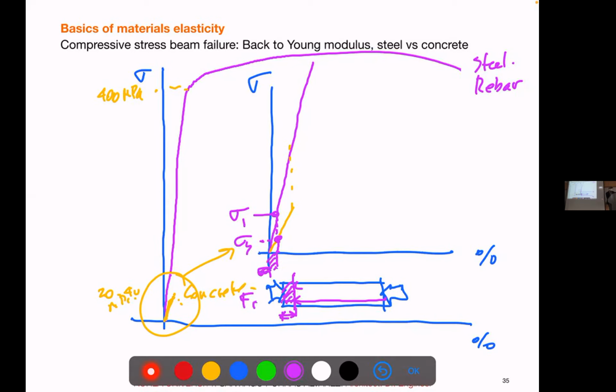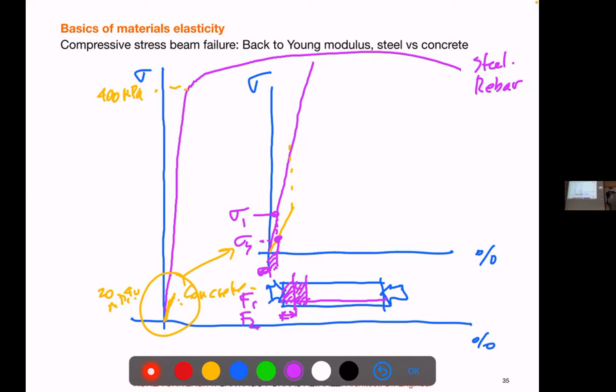The concrete will be working at smaller stress than the steel, because we're at this point. But they move together, they have the same deformation. We put a stronger force, F2, and then it shortens further, right?